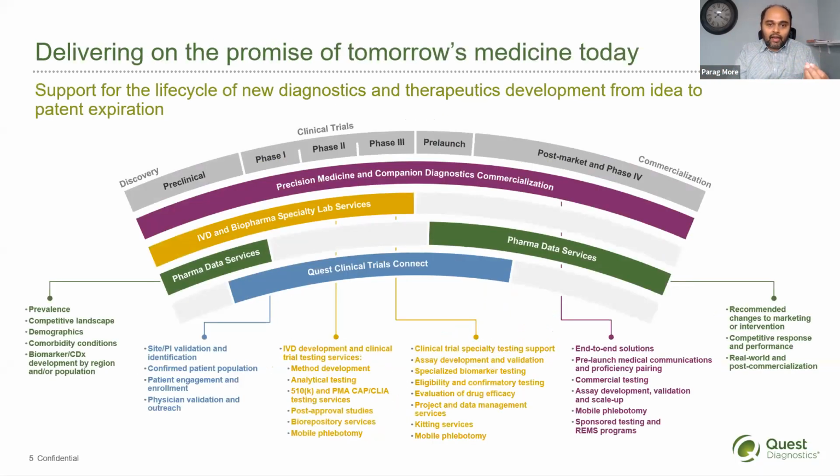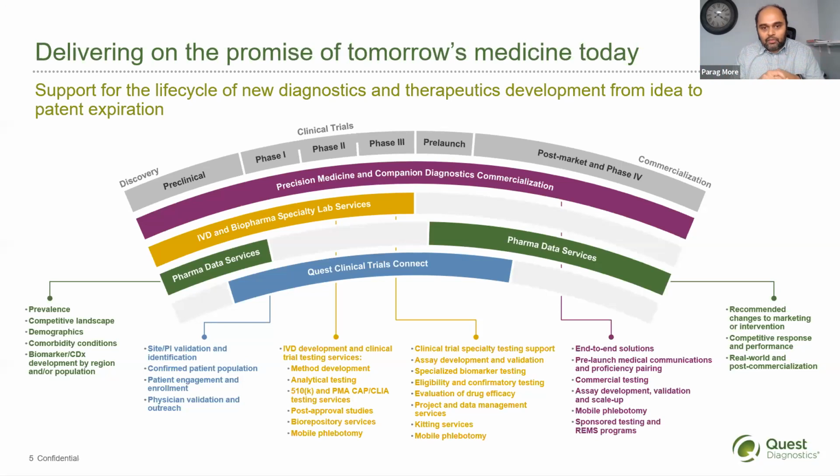So at Quest, we combine all of these assets and serve the life sciences, pharma, and biotech industry in multiple ways. To give you a brief, quick overview, as you see on the top of the chart in purple, we help develop some of the companion diagnostics all the way from discovery to commercialization.